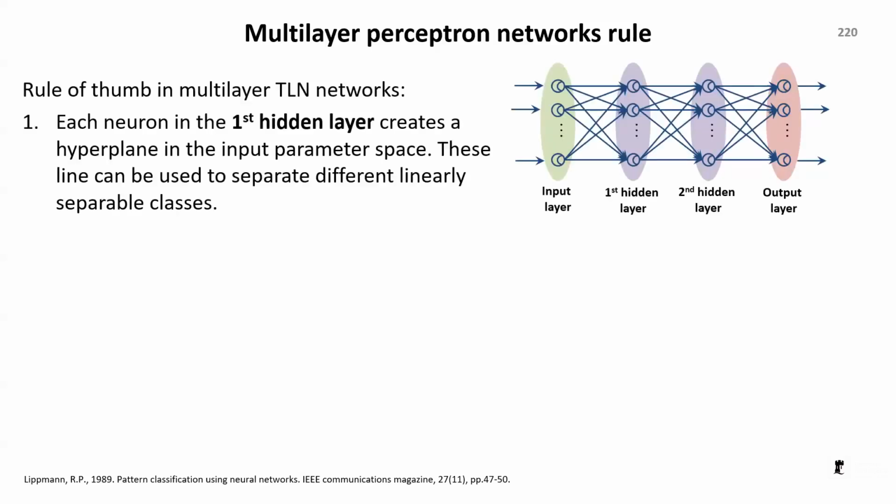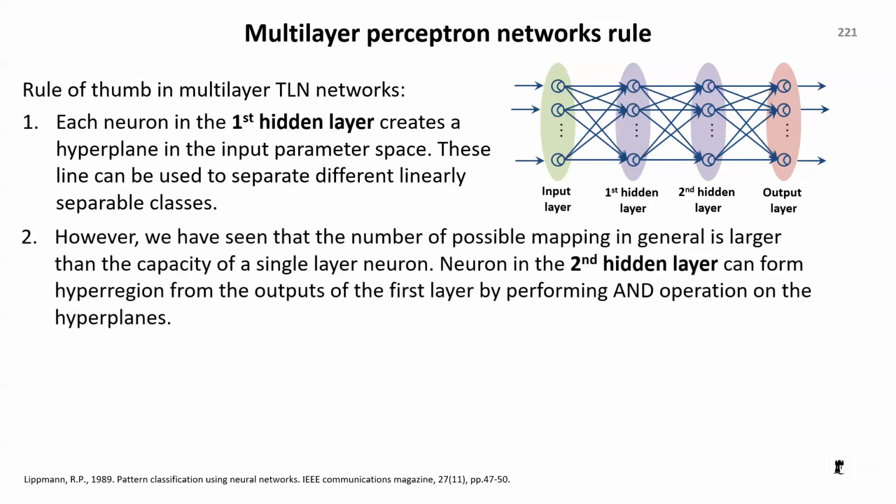The rule of thumb is like this. The first hidden layer creates hyperplanes in the input space, and each neuron in this layer will create one line. And then the second hidden layer will combine them using AND and create a hyperregion.